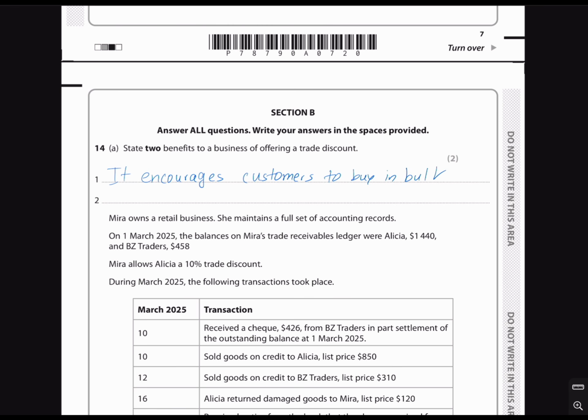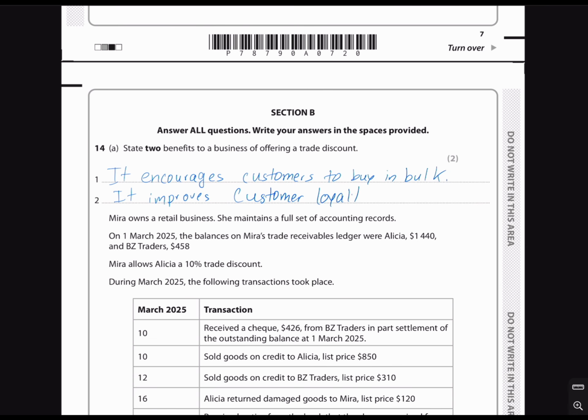So that's a point. The other point we have, it can also improve customer relationship. It improves relationship with the customer. You can say it improves customer loyalty.